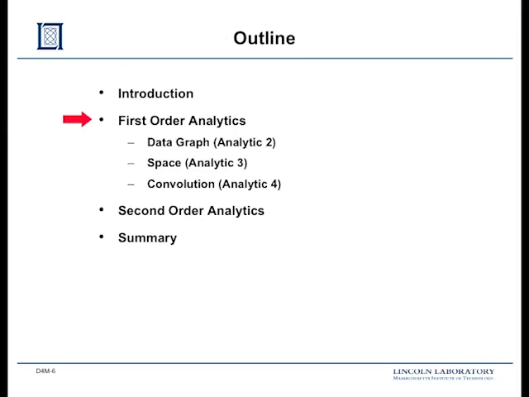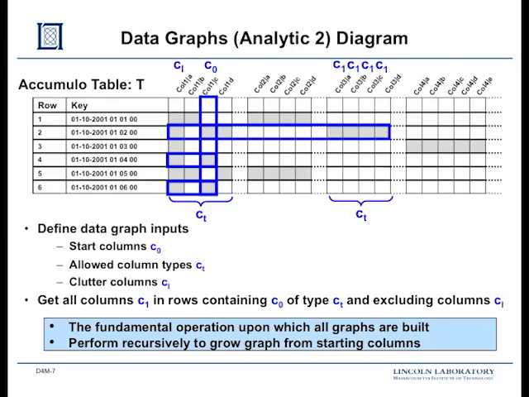Let's talk about some more sophisticated types of analytics that we can do here. I'm going to build what I call a data graph. This is just a graph in the data. It may not actually be a graph you have in mind, but the data has a particular kind of graph in it.